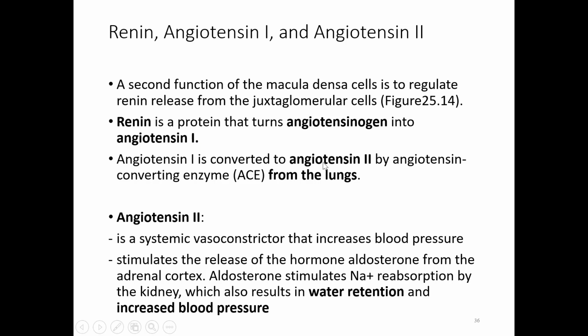That one later is converted to the substance called angiotensin 2 by a special enzyme, ACE, produced in the lungs. And angiotensin 2 is a substance that first constricts blood vessels and increases blood pressure, and stimulates the release of the hormone aldosterone from the adrenal glands. Aldosterone also increases blood pressure.